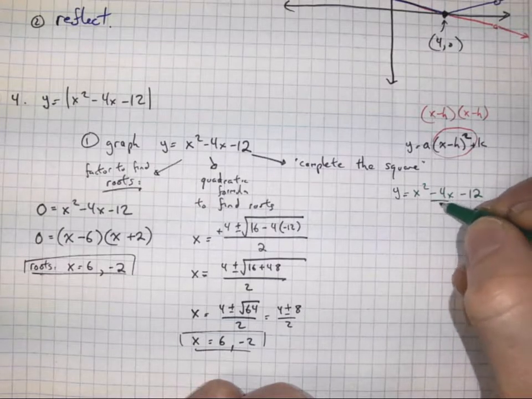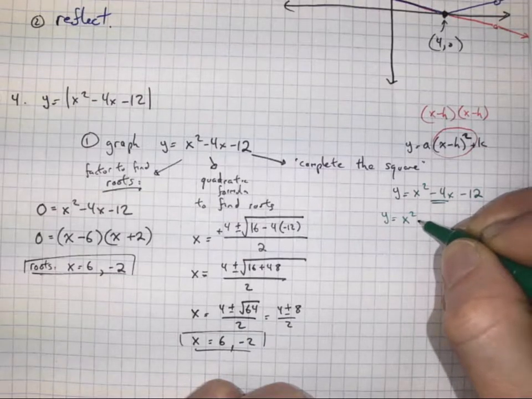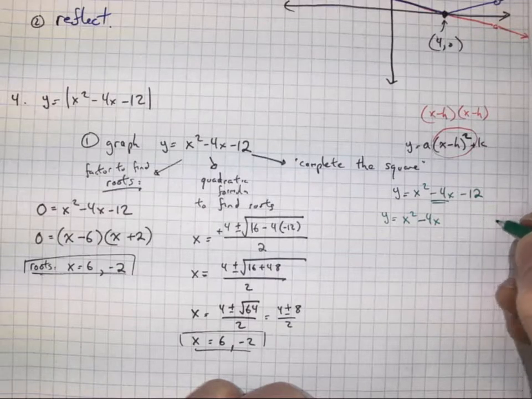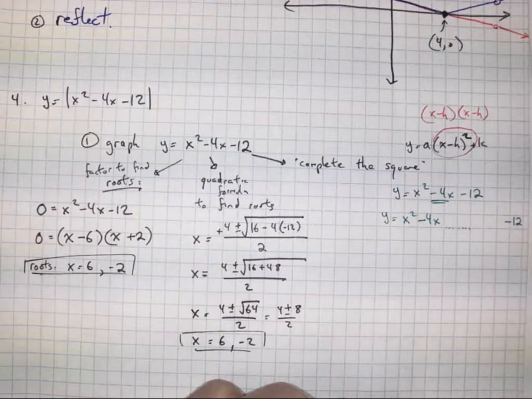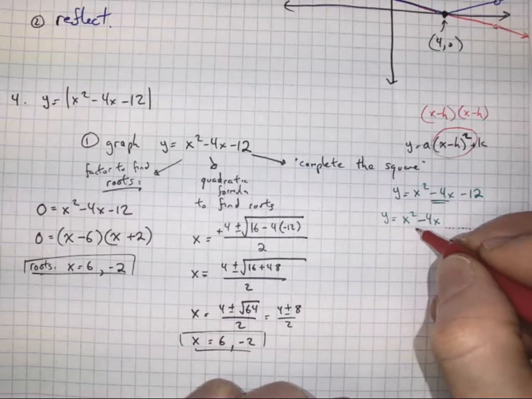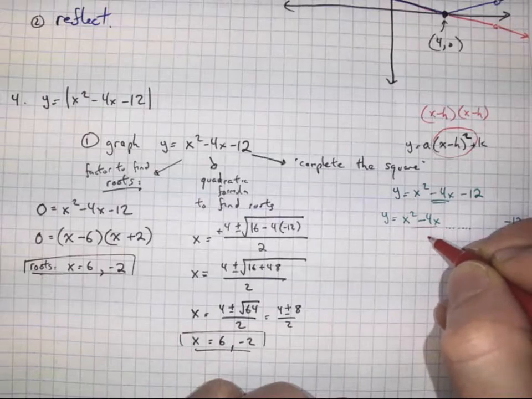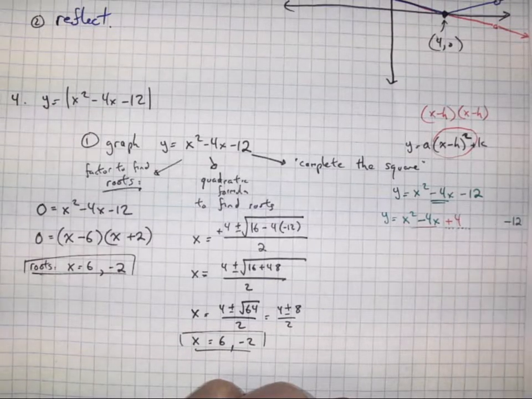So what I'm going to do is say I need a number to be added here so that it's going to be half of this number squared. So half of that is negative 2. Squared is 4. So I'm going to add 4 here.